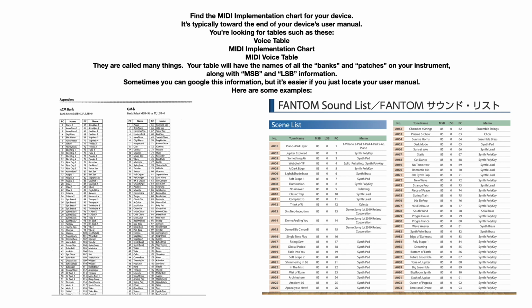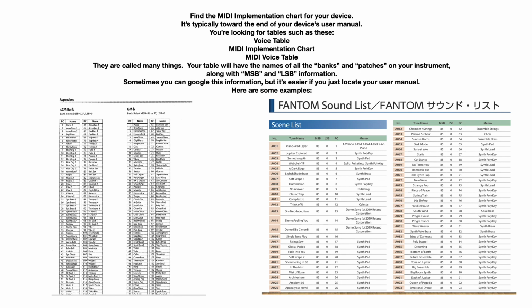The one on the left is from my Korg N1 user manual, and it gives the MSB and LSB information for two of my banks. The one on the right is for a Roland Phantom, which I don't have, but it gives the MSB and LSB information for I think one of the banks, maybe more, but at least one of the banks on a Roland Phantom.